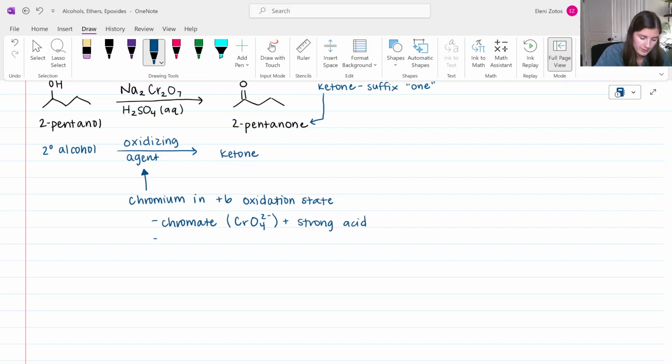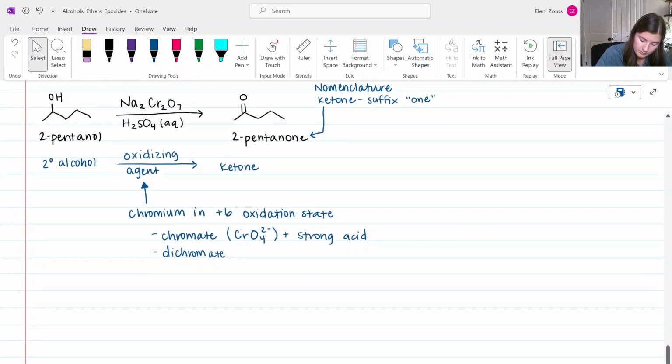We can have dichromate, which is what I showed above in the reaction with 2-pentanol, plus a strong acid. Or we can have chromium trioxide and pyridine.